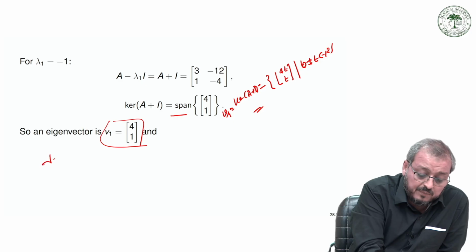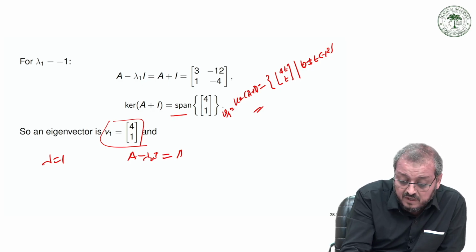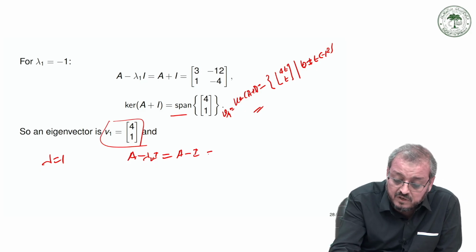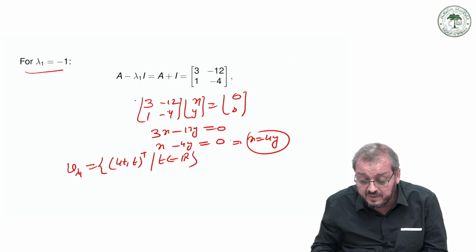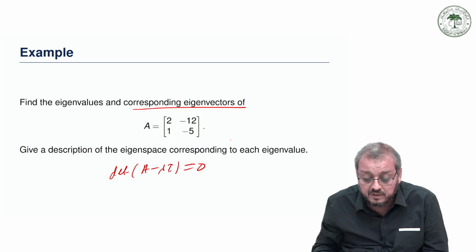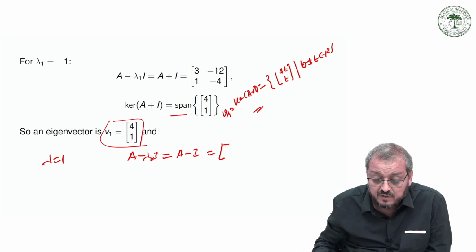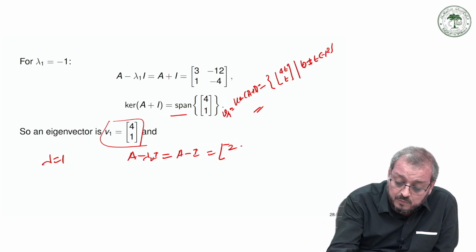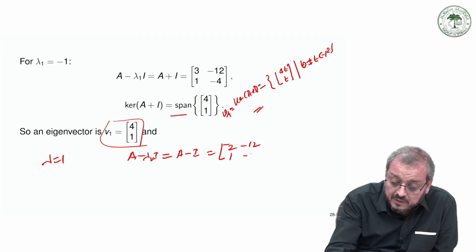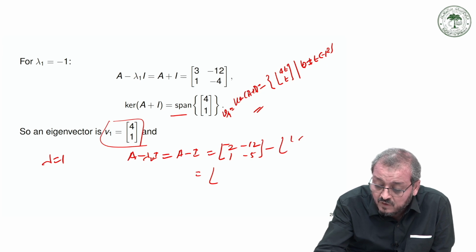Okay, now we try lambda 2 is equal to minus 2, which means A minus lambda 2 I. The matrix A is 2, minus 12, 1, minus 5, and then we subtract lambda 2 I, the identity matrix 1, 0, 0, 1.